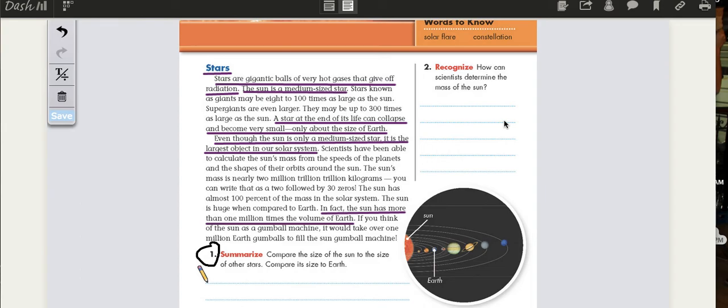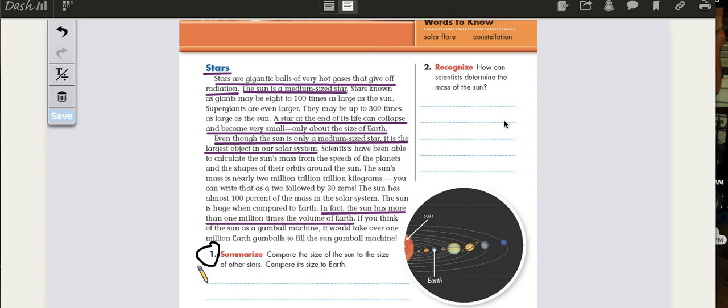Well, actually, you'll be surprised, but the sun is a medium-sized star. A star at the end of its life can collapse and become very small, only about the size of the Earth. Even though the sun is only a medium-sized star, it is the largest object in our solar system.